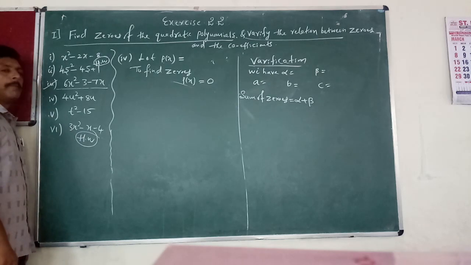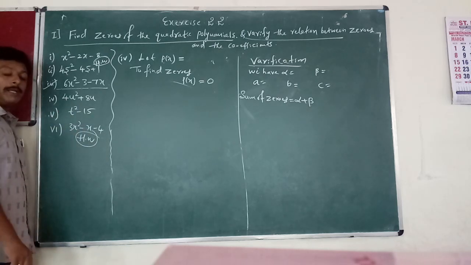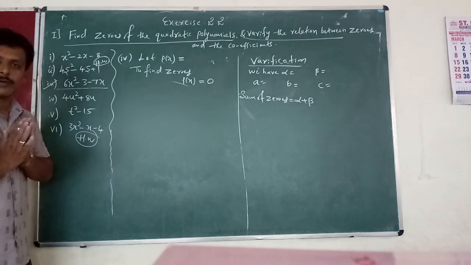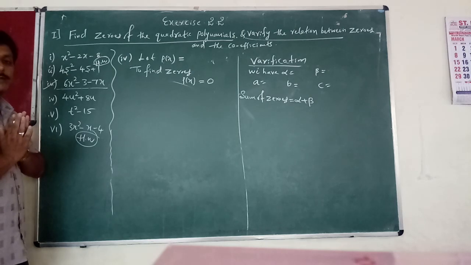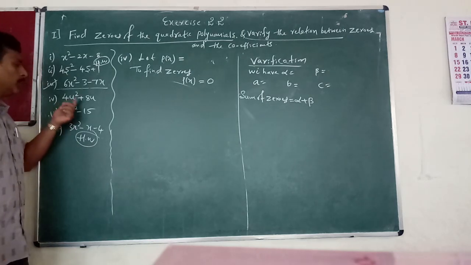Okay, so try for this. 4u square plus 8u. I told you whenever they are giving a polynomial, you have to check whether it is in standard form or not. Sir, one term is missing. Don't worry. Two terms are there.